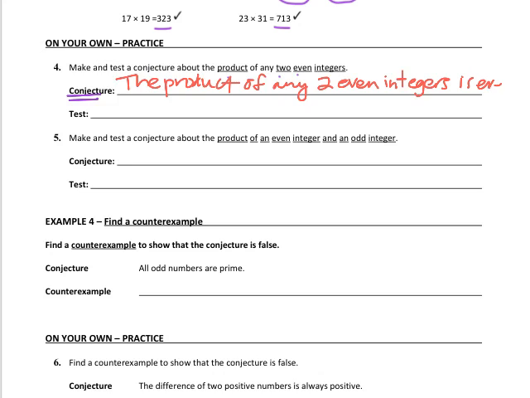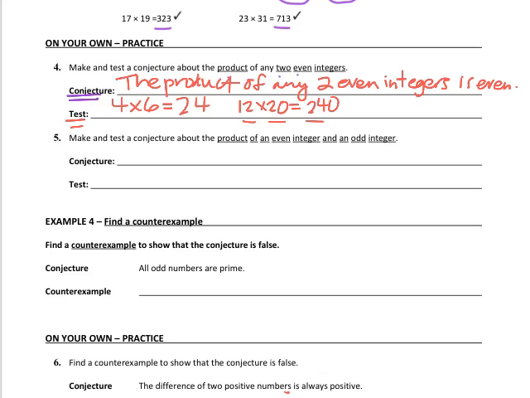Okay, so I'm just making an educated guess because I've noticed it, but I'm going to actually put together a little test. My little test is 4 times 6, those are both even, they're both integers, equals 24. Okay, 24 is also even. Let's see, we could also do 12 times 20, which is 240.